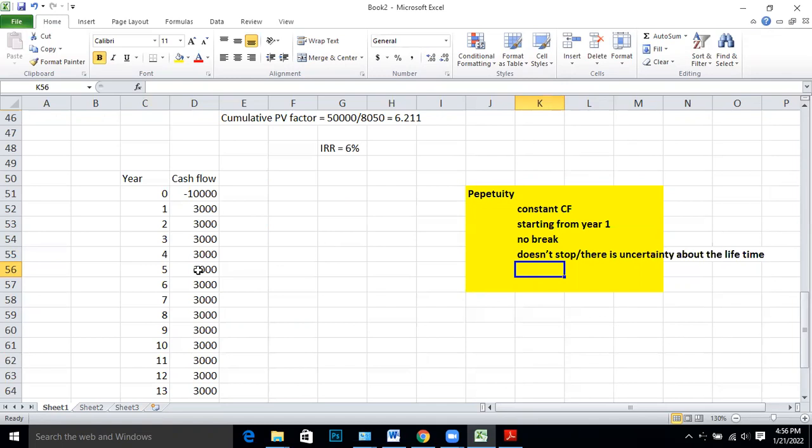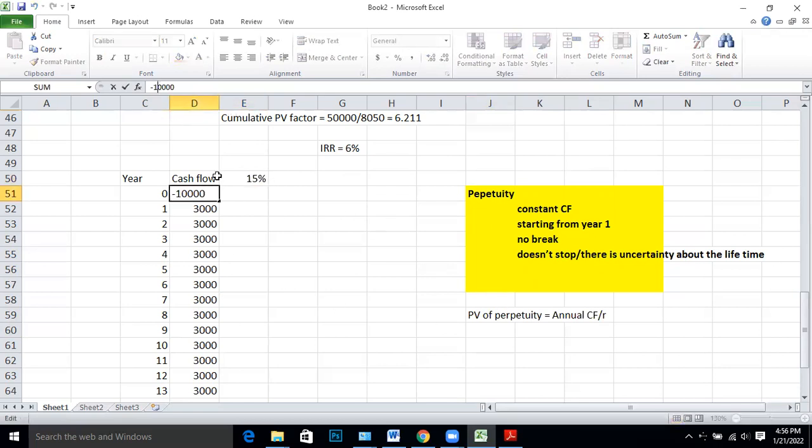So if that is the case, how do you find the present value? Look at this. PV of perpetuity is equal to the annual cash flow divided by R. Suppose in this case R is 15 percent, and let's change the investment to 12,000.